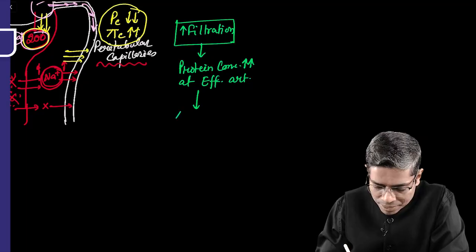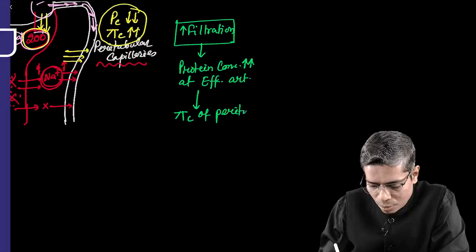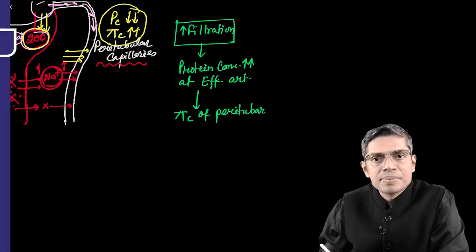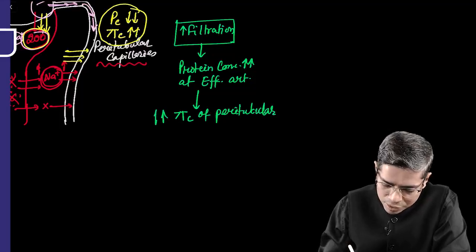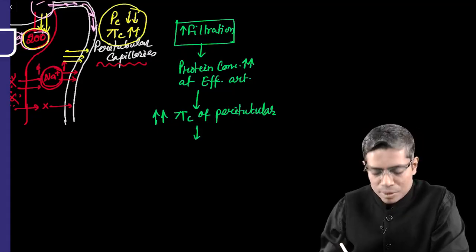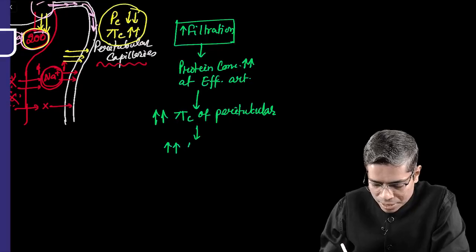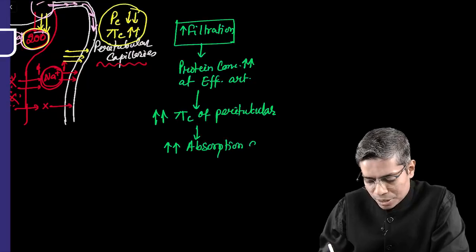So what will happen? The oncotic pressure of the peritubular capillary is going to rise. An increase in oncotic pressure of the peritubular capillary will lead to increased reabsorption at the level of the capillary blood.